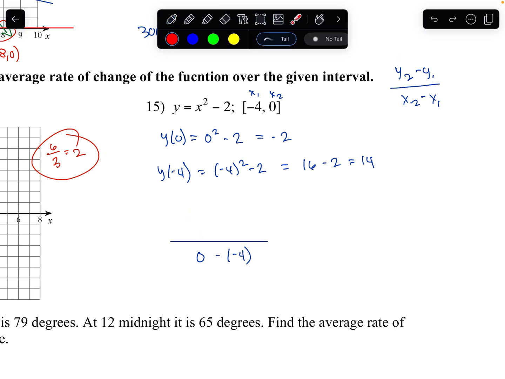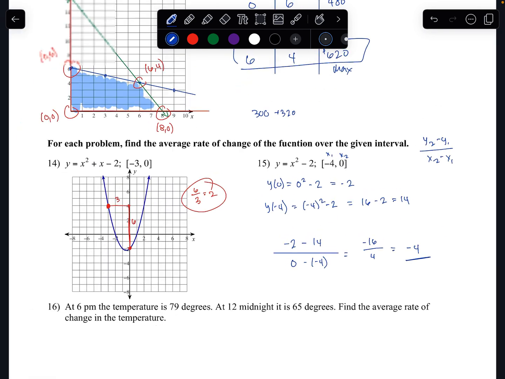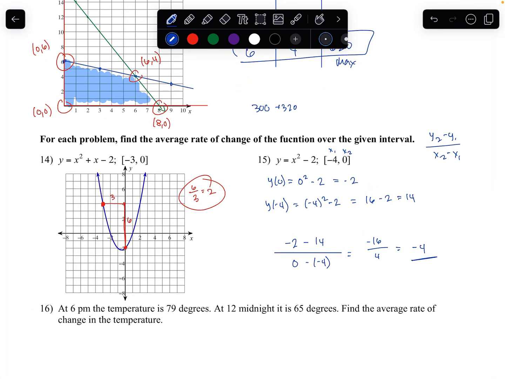I'm going to put the y value for 0, which we found to be negative 2, and then minus 14, since that was the y value for negative 4. And then just do the math, so negative 16 on the top, positive 4 on the bottom. That comes out to be negative 4, and that's my temperature change.